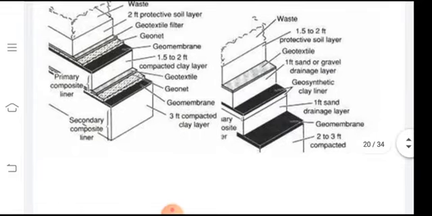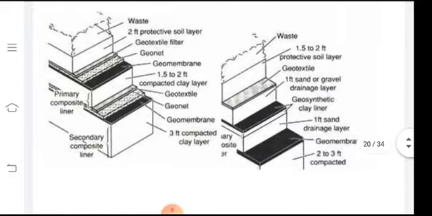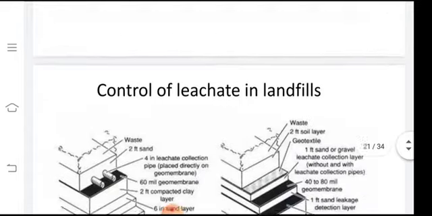So for the design, first of all, we must know for what kind of landfill we are conducting this designing. Then there is a specific range for every layer. So this is a kind of comparison.